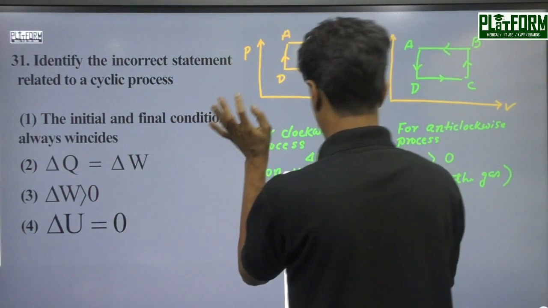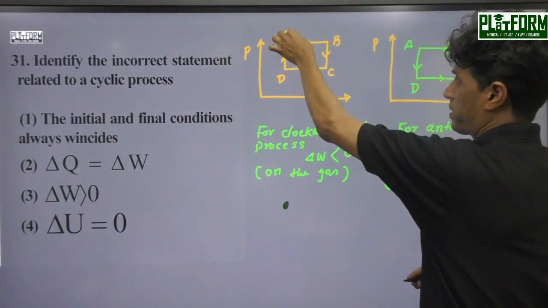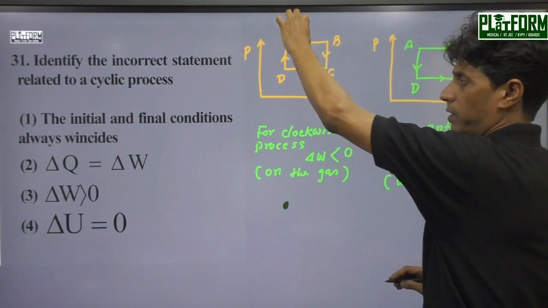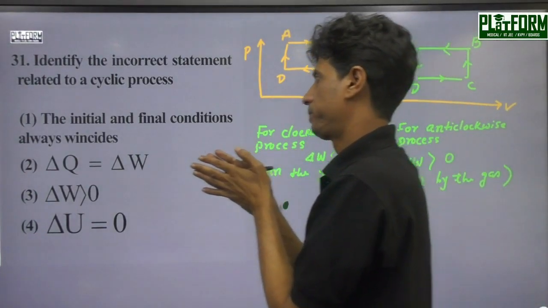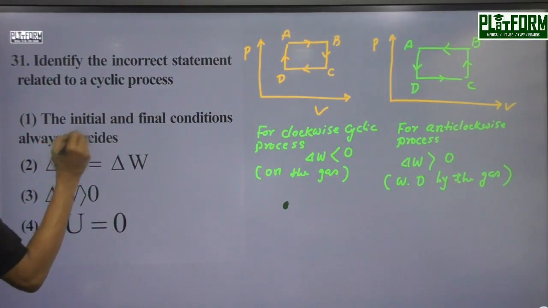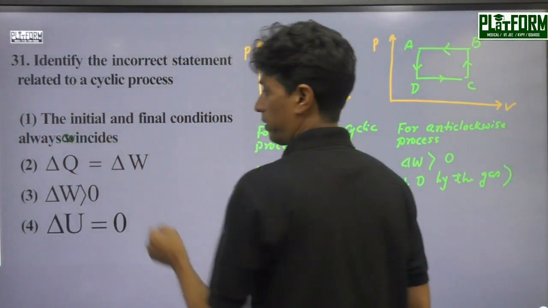Initially, the final state and initial state in any cyclic process coincide. So this is the right statement.